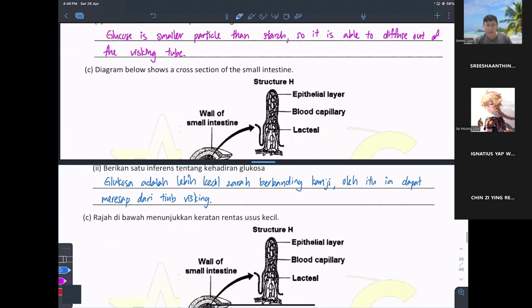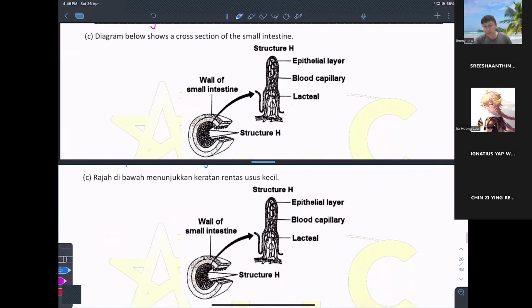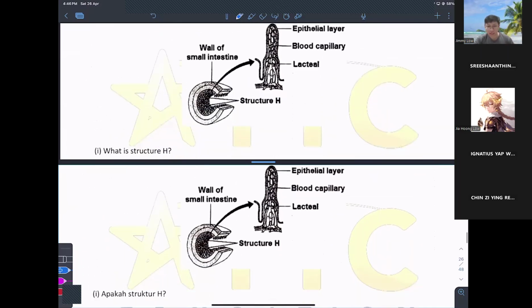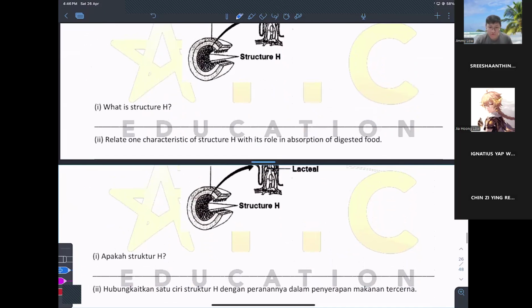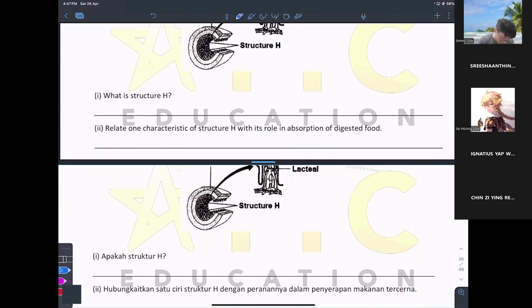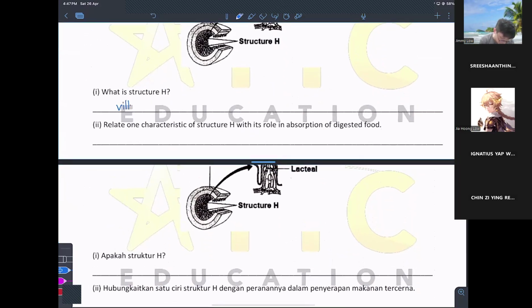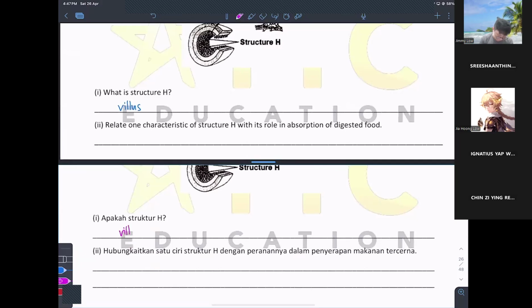So question C, they ask you what is the structure H. You can write either villi or villus, the difference is just singular or plural. Either one is good. In BM it is just villus.